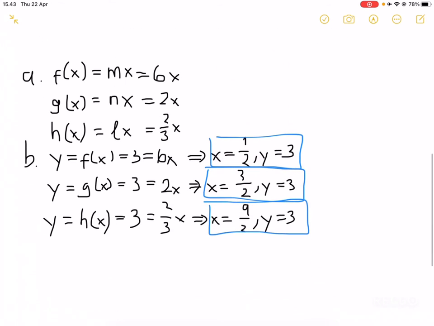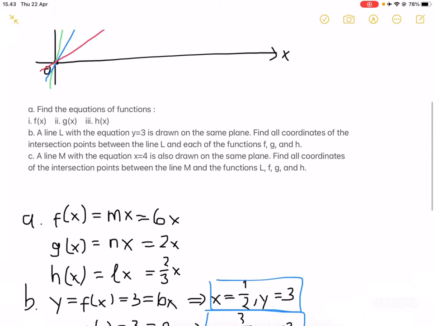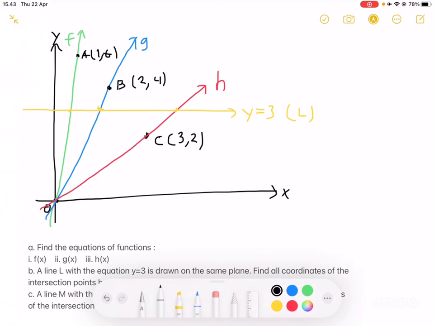For part C, let me just write, see there, a line M with the equation x equals 4, which will be around here, I guess. Keep in mind this is not to scale.